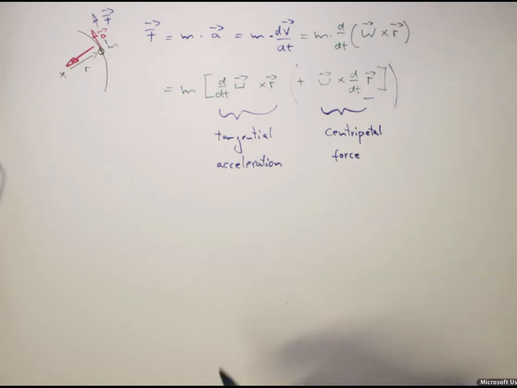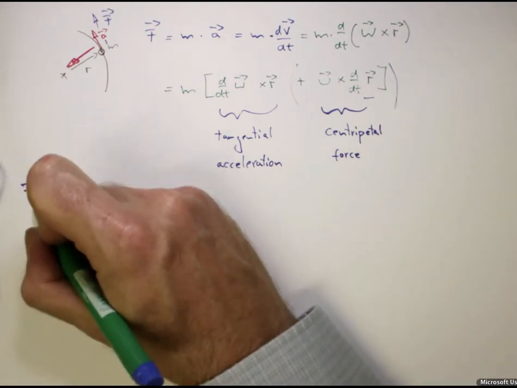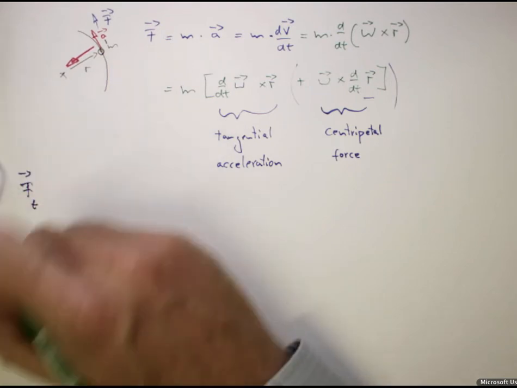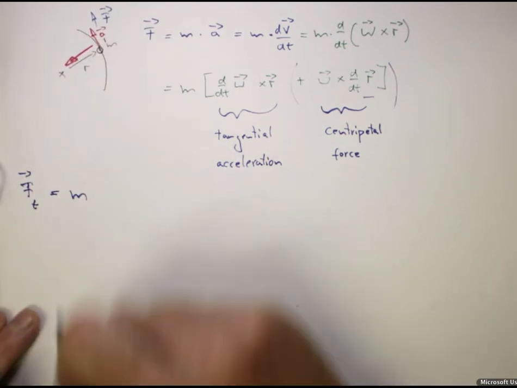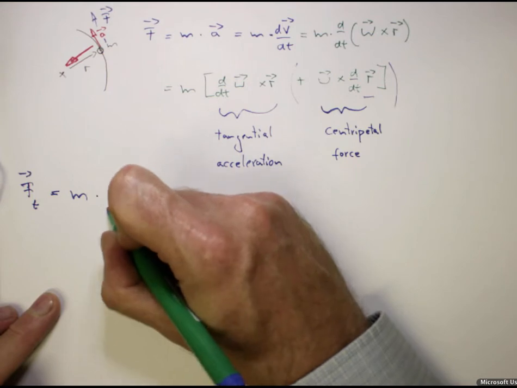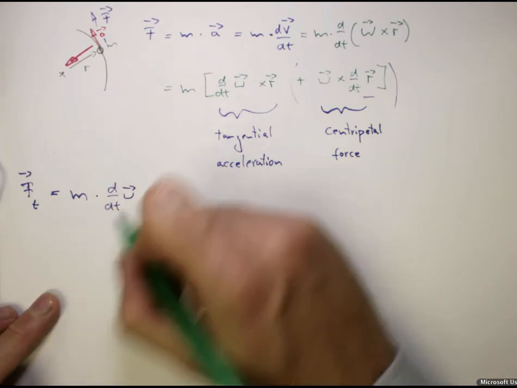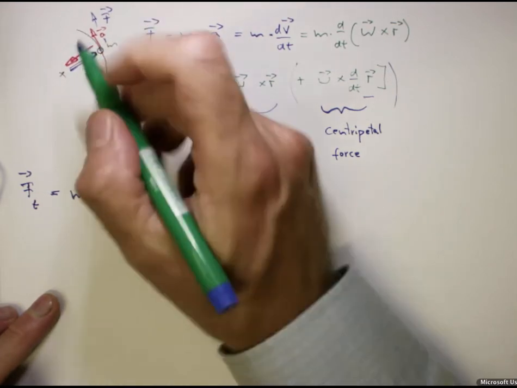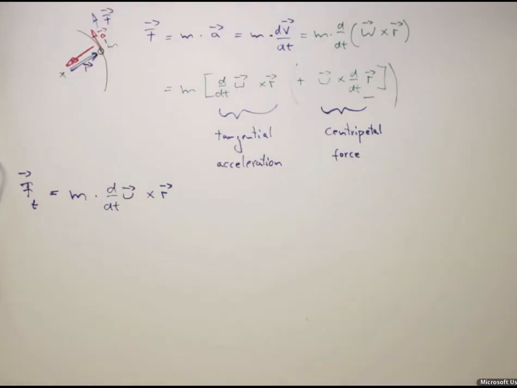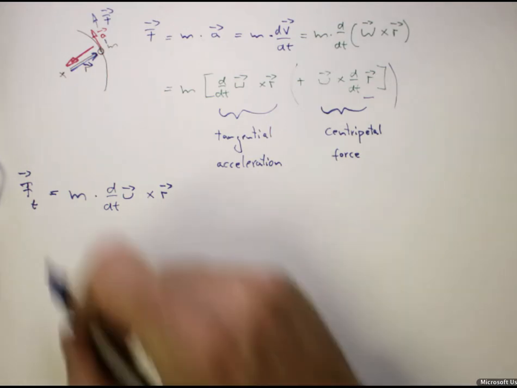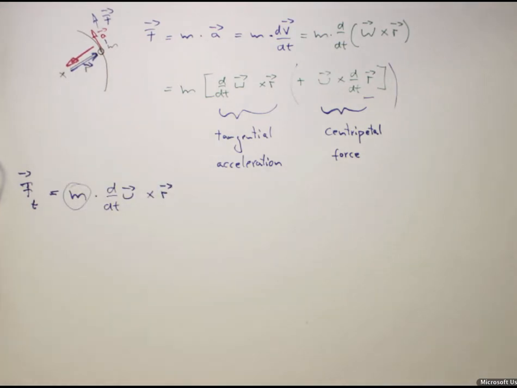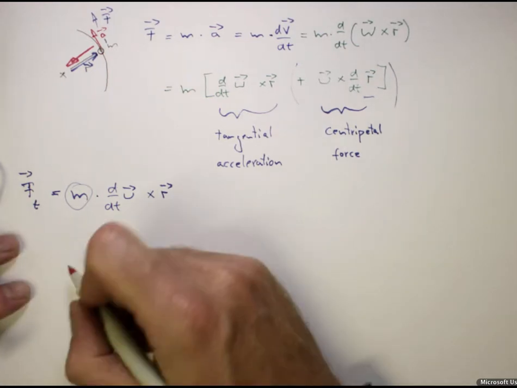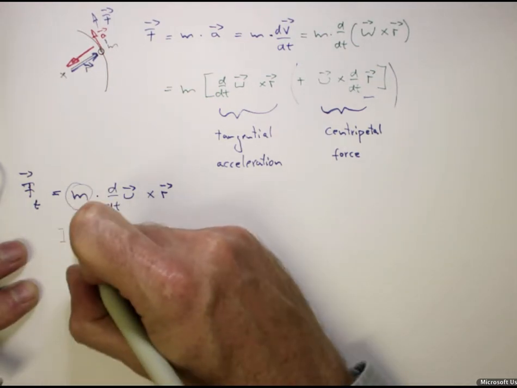that we're after. So we might for the moment ignore this second part and rewrite the tangential force as mass times d/dt of omega cross product with the radius vector r. Now let's also replace the mass with its equivalent in rotational kinematics, and that is the rotational moment of inertia.